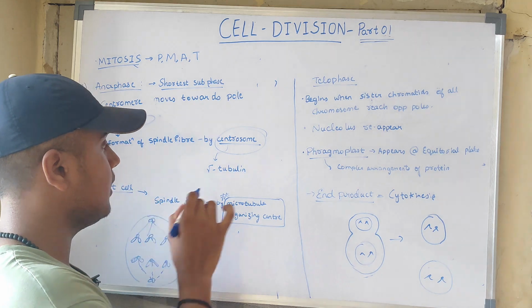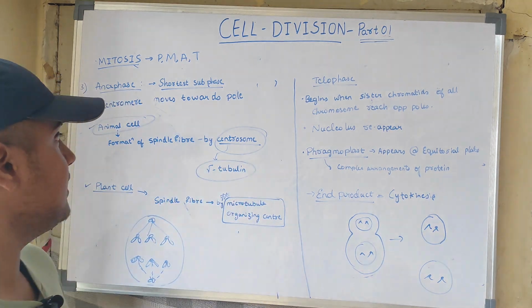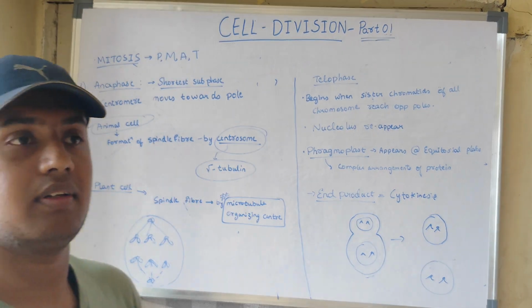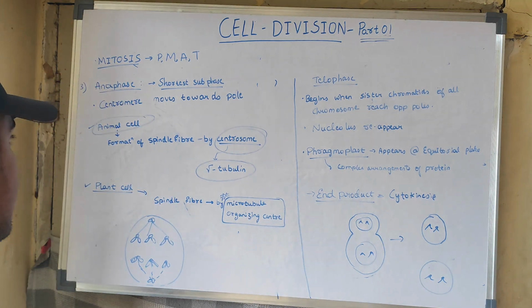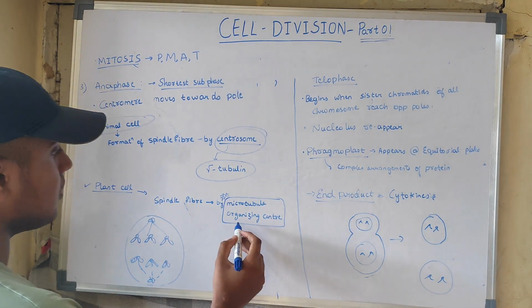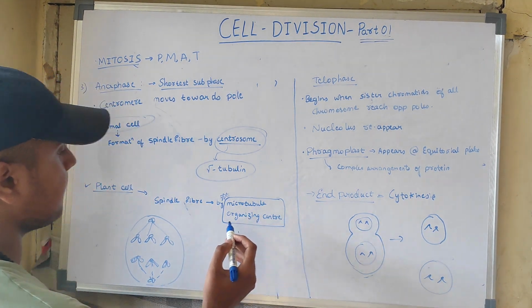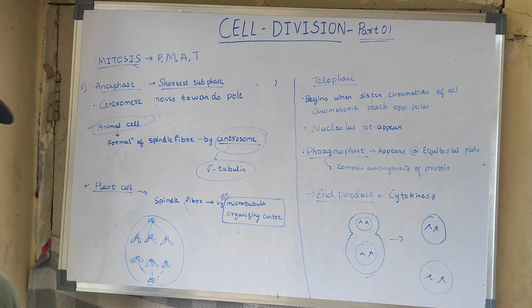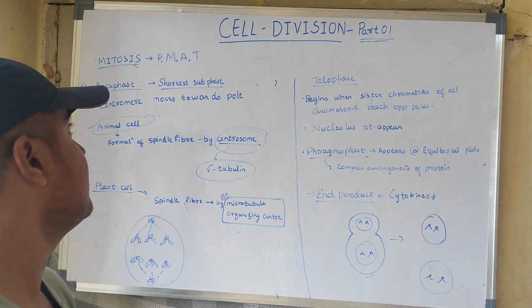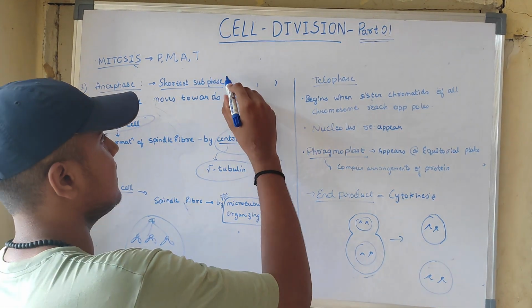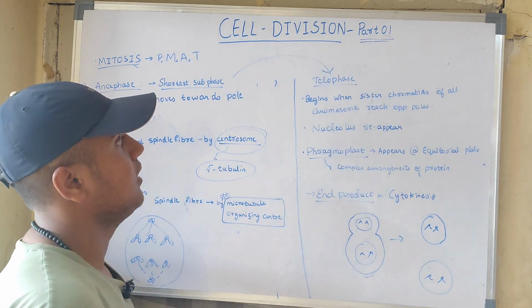Here centrosome has gamma tubulin. This protein helps in spindle formation. And in plant cells, microtubule organizing center helps in formation of spindle fiber, and the cell next undergoes telophase.